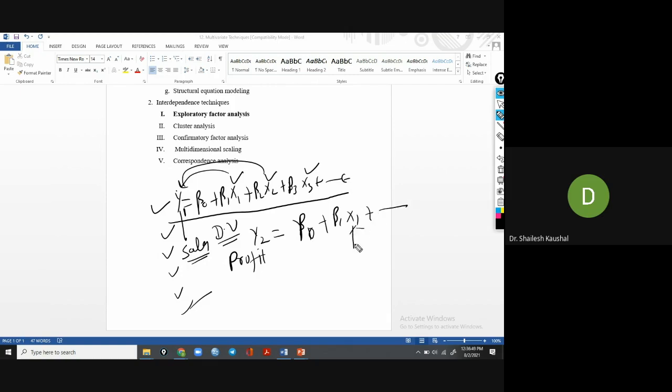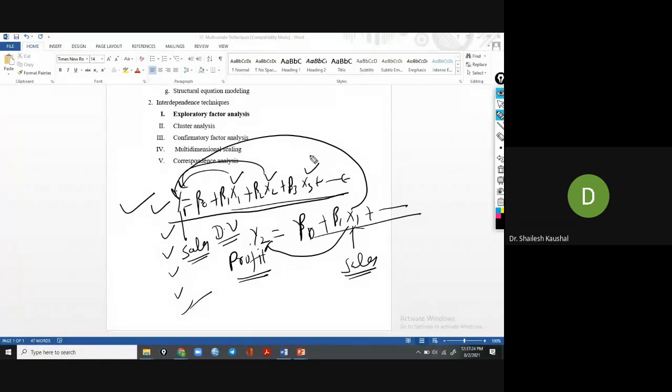Now x1 here is sales. Earlier sales was behaving as the dependent variable, but when we take its relationship with profit, sales becomes the independent variable. If we find the profit with sales, then we conduct multiple regression analysis two times: one, y1 with many independent variables, and second, y2 with many independent variables.